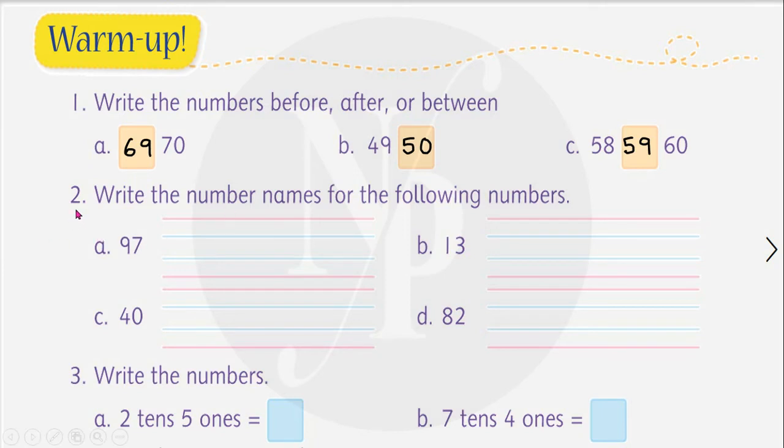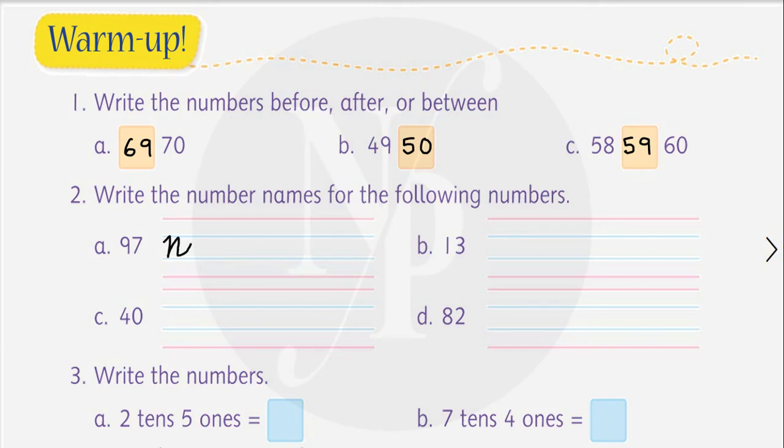Coming to question number 2, write the number names for the following numbers. Let us write the number names of these numbers. A, 97.